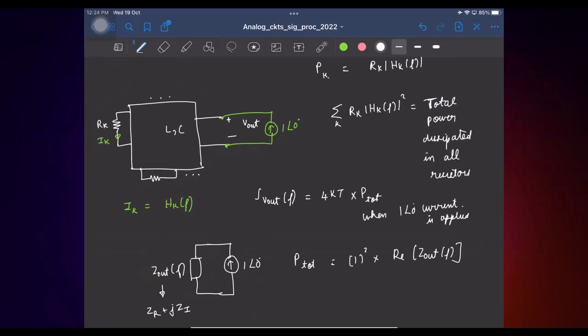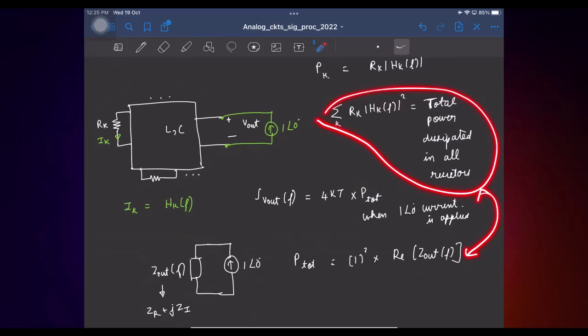Is that fine? Great. So now we know that this network again contains only resistors, inductors and capacitors. If this power is dissipated in Z out, which elements do you think will dissipate this power? Only resistors. So the total power dissipated in the impedance is this, and the power dissipated in the resistors is this.